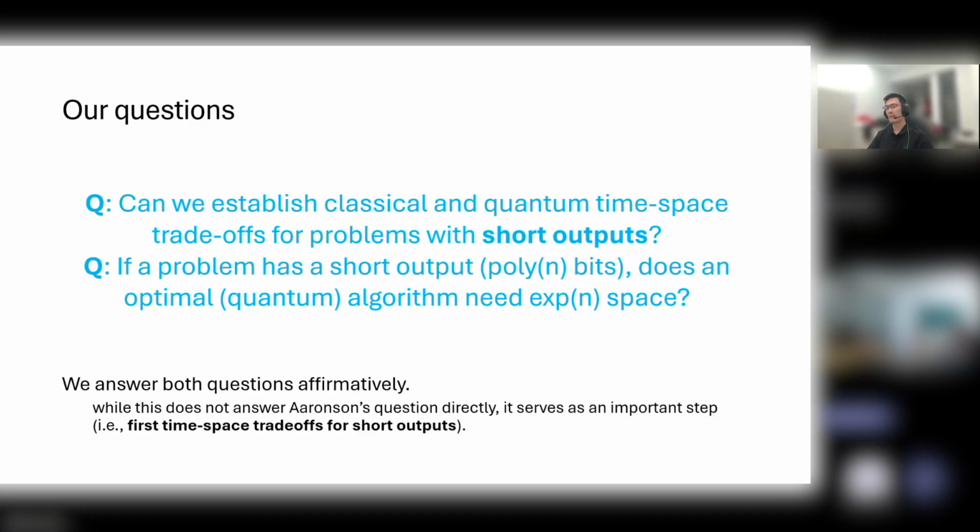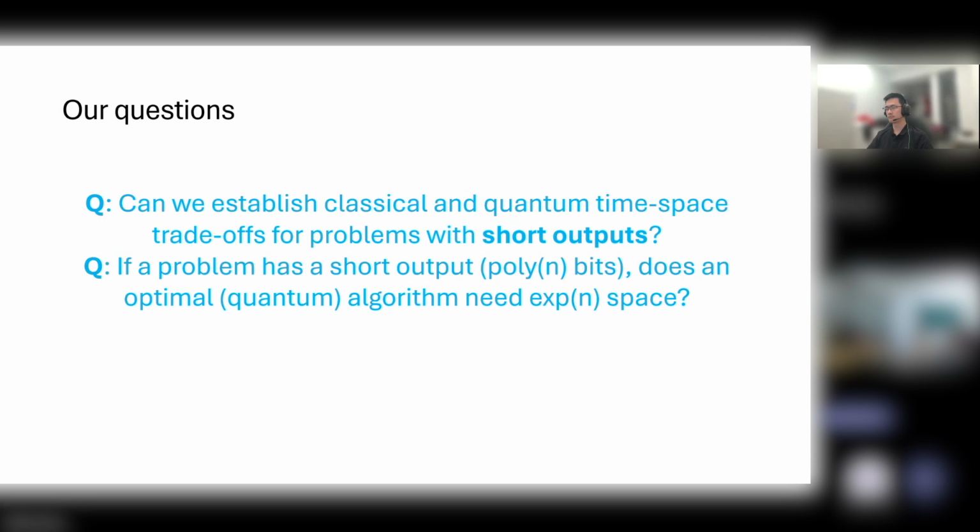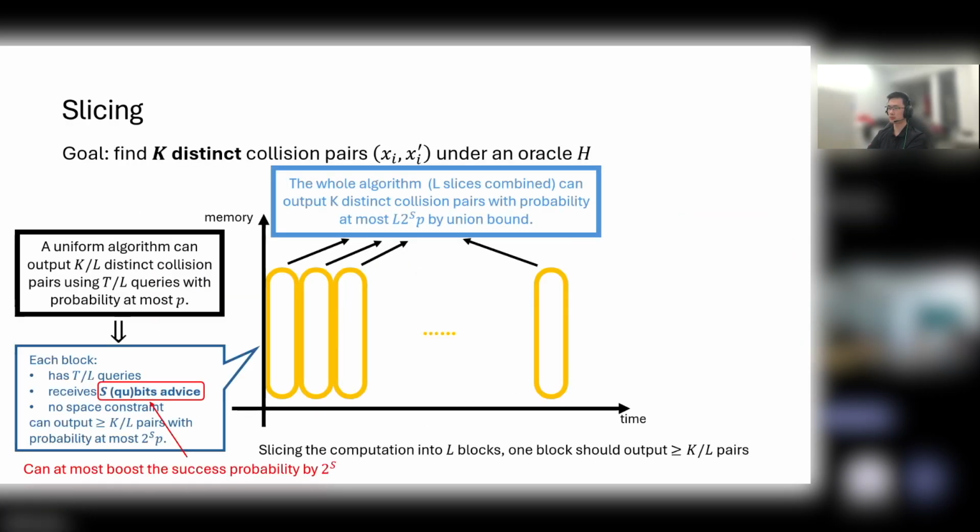Sorry, could I interrupt you for a small clarification? I think at some point you mentioned that because the output is short, it is hard to come up with a progress measure. Could you explain that a bit? I didn't fully grasp what the difficulty is. Yeah.